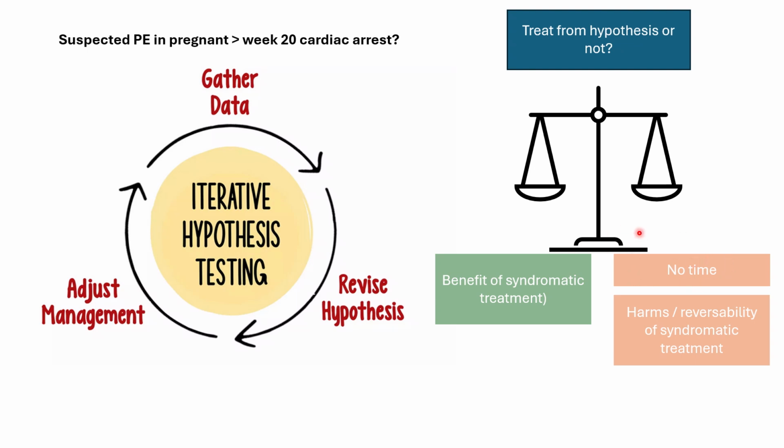So that's a benefit, right? But the harms might be that it's a treatment that's irreversible or might complicate the next kind of treatment. So in this example, if you have a pregnant patient, you have 2 decisions to make. If you're quite sure about your pulmonary embolism differential diagnosis, you need to treat with TPA 50 milligrams, right?